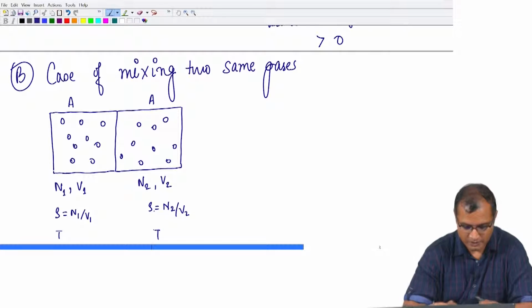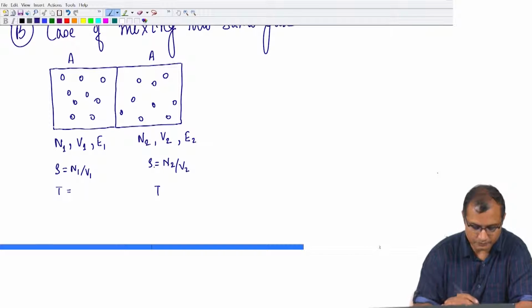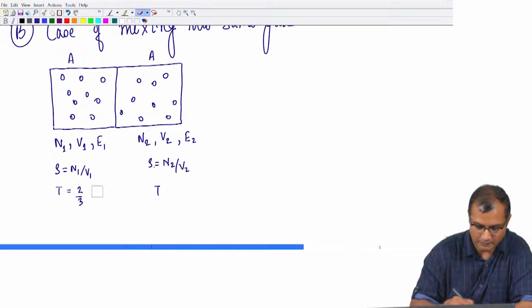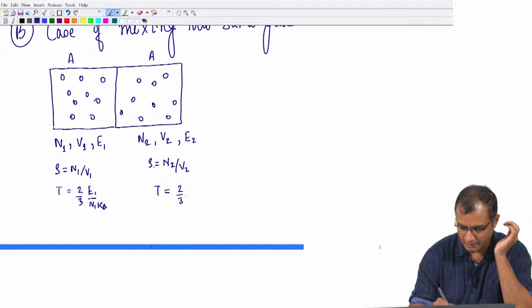Okay. So, if you are taking the energy as E1 and the energy here as E2, well then this is nothing but 2 by 3 E1 over N1 kb, okay, and the temperature here is 2 by 3 E2 over N2 kb.